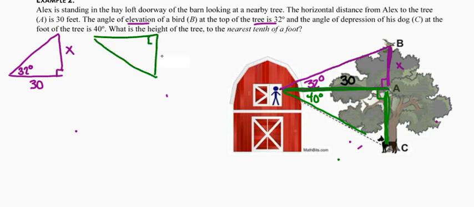And in my green triangle, I'm going to call that vertical piece y. Beautiful. And now that I've isolated my triangles, I'm all set to start to do some trig. So in the purple triangle, I notice that I'm dealing with the opposite side and the adjacent side. So I want to use the tangent ratio.